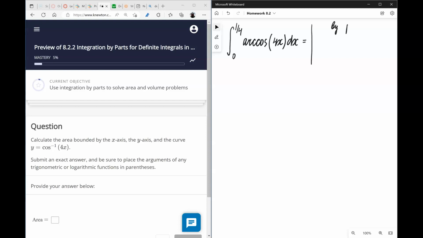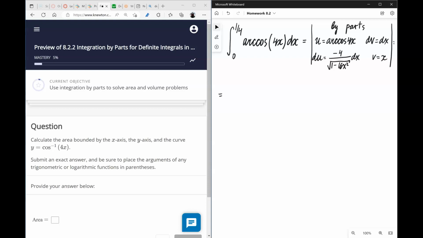So we're going to set it up. My u is arc cosine of 4x. My du is negative 4 over square root of 1 minus 16x squared dx. My dv is dx, so my v is x.